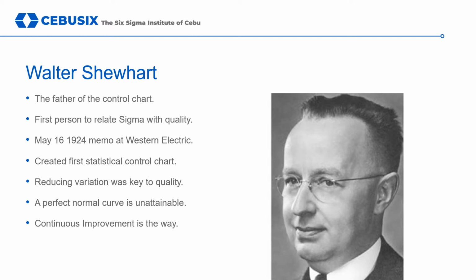Shewhart framed the problem in terms of assignable and chance-caused variation and introduced the control chart as a tool for distinguishing between the two. He stressed that a process will never produce a normal distribution curve due to the inherent chance-caused variations, and should instead be brought into a state of statistical control.